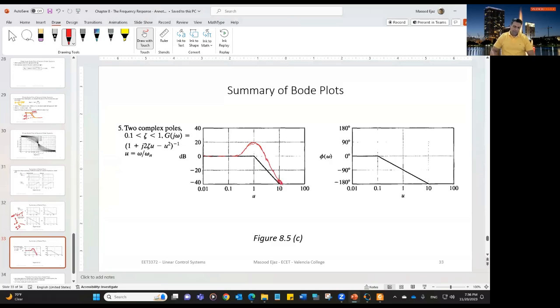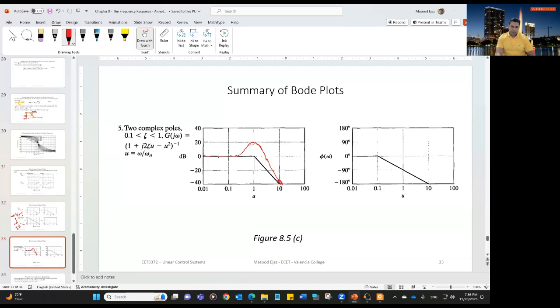Something like that. But for Bode plot, since it's approximate, we can take it like this. That is, we generally ignore the middle factor in this case. But this curve is important.